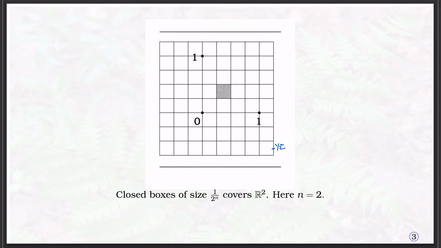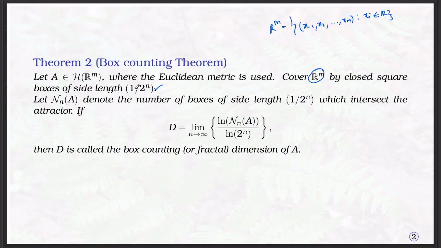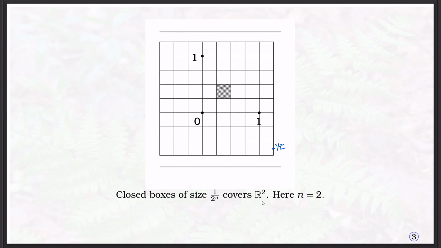Here we are taking n as 2 and m as 2, that means R power 2, so we are covering by boxes of side length 1 by 2 power 2.